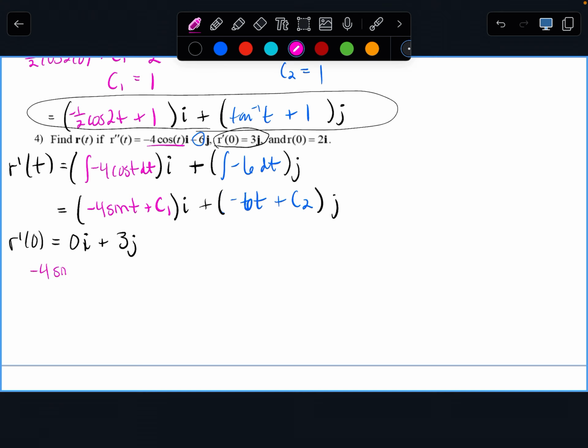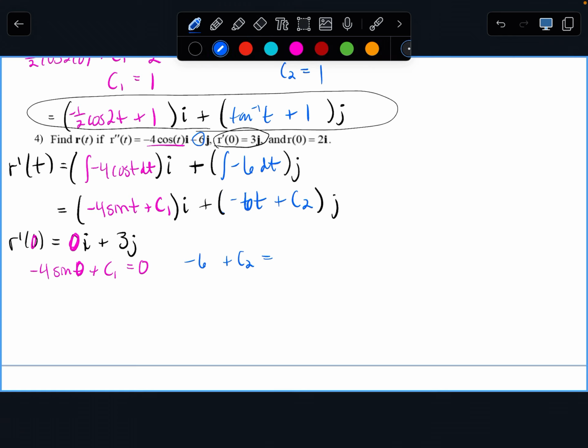So you're going to go -4 sine t plus c sub 1 equals, I'm going to plug 0 in, because again there's no i. And then you're going to do the same thing, -6t plus c sub 2.